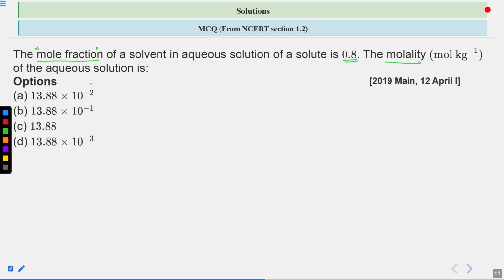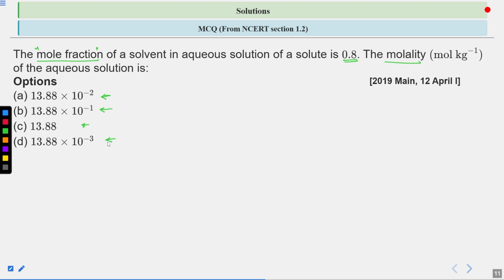This question was asked in the 2019 NEET examination. The four given options are 13.88 times 10 to the power minus 2, 13.88 times 10 to the power minus 1, 13.88, or 13.88 times 10 to the power minus 3.